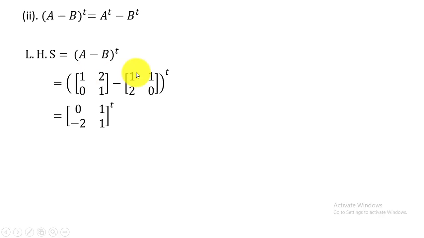So 1 minus 1 is equal to 0, 2 minus 1 is equal to 1, 0 minus 2 is equal to minus 2, 1 minus 0 is equal to 1. Now take the transpose of that matrix, that is equal to 0, minus 1, minus 2, 1 and 1. This is equation number 1.